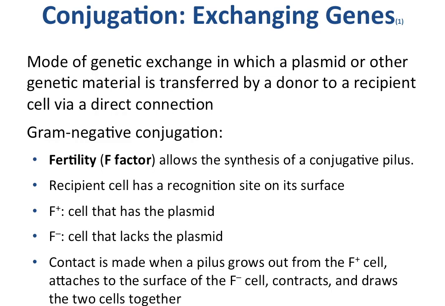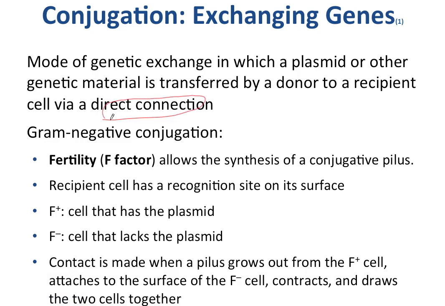So conjugation is actually a genetic exchange, in which the plasmid genetic material is transferred from a donor to a recipient through direct connection. The direct connection is through the pilus. Okay, through the pilus.